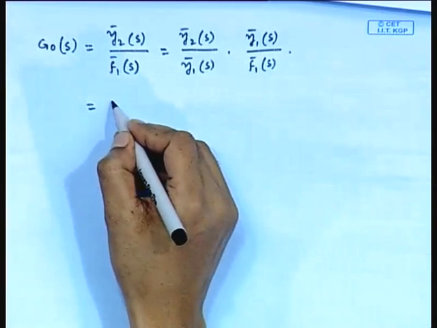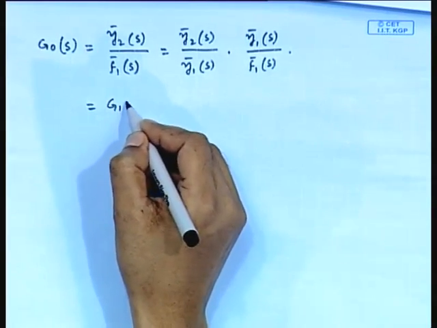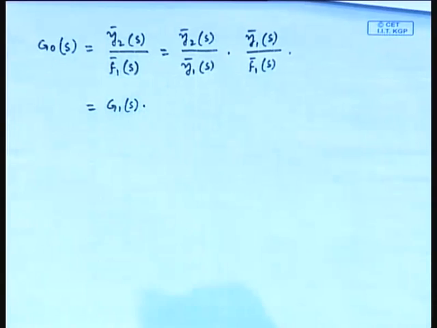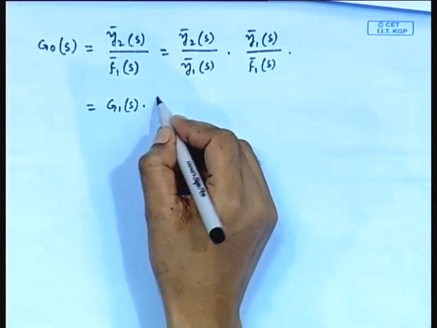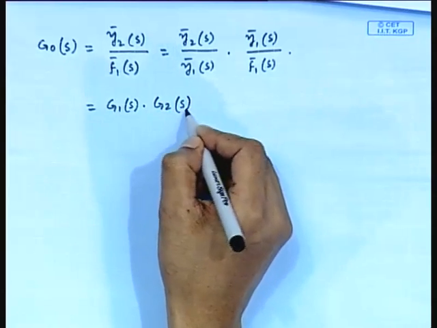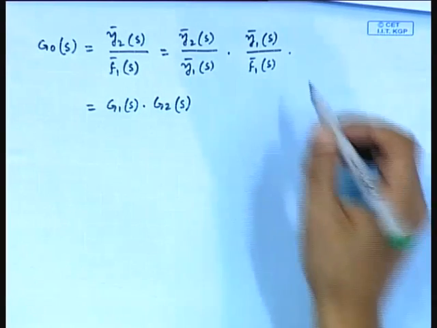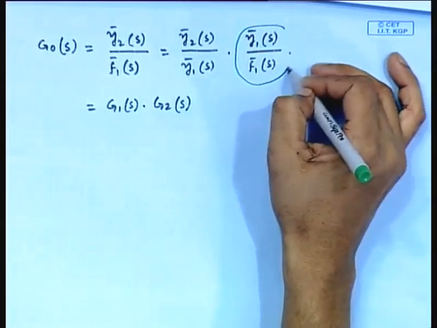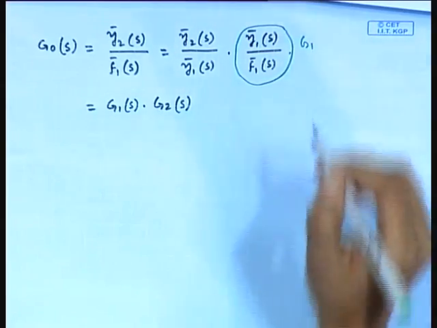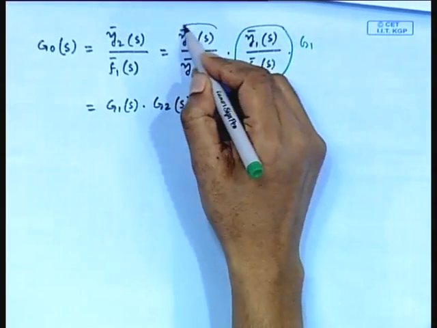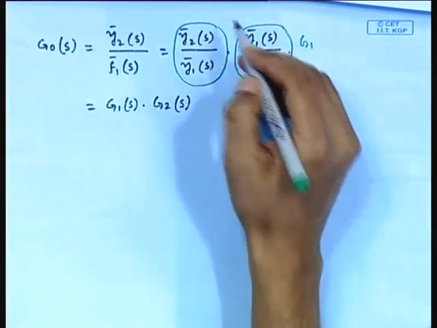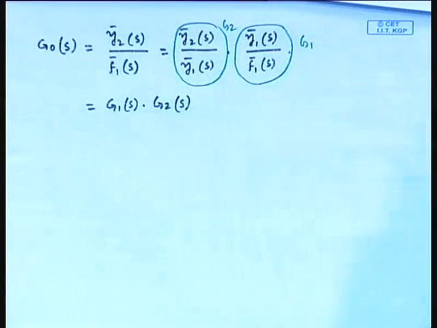So, this is the expression for overall transfer function. This means G naught(s) equals G1(s) multiplied by G2(s). This is the transfer function G1 and this is the transfer function G2.